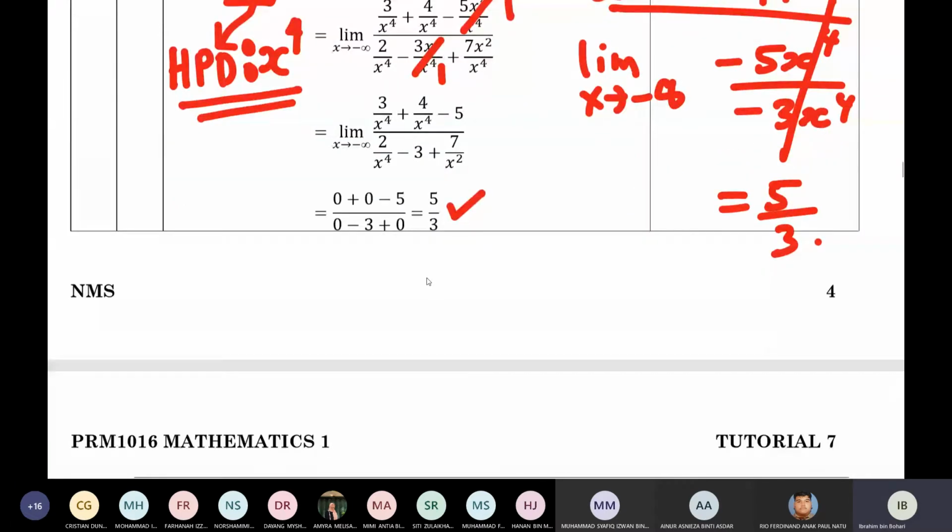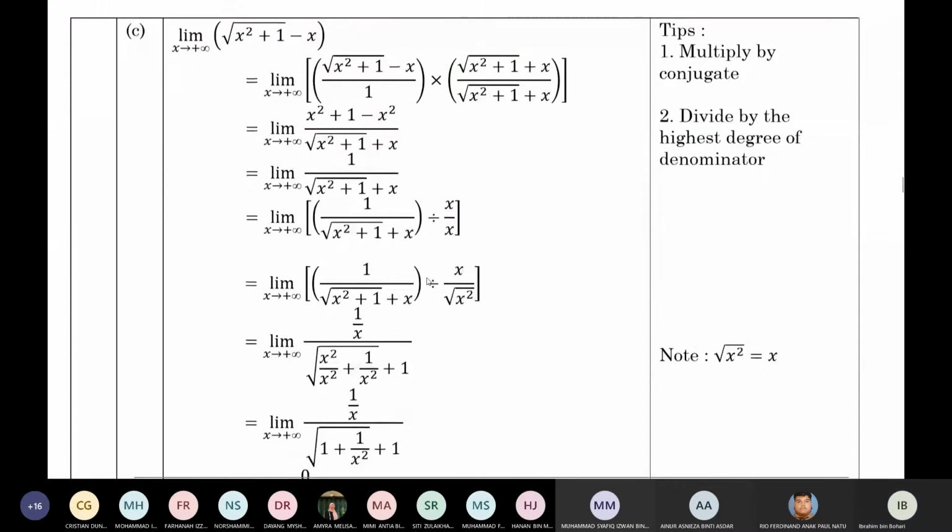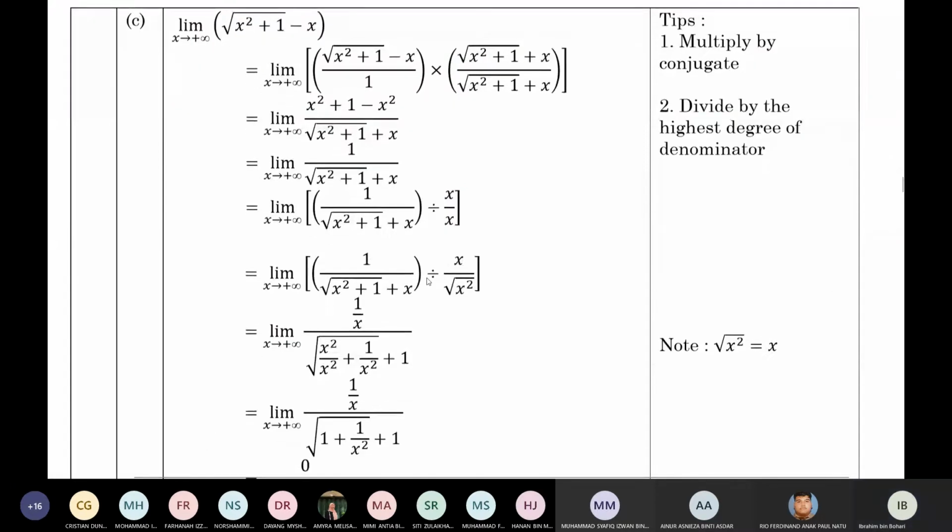And question B. Okay. Check. Question B, limits of the cube root of x squared plus 1 minus x. And you check the conjugates of the function. Okay, check dulu conjugate.